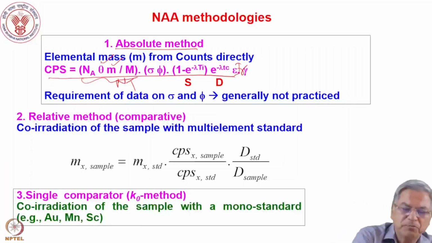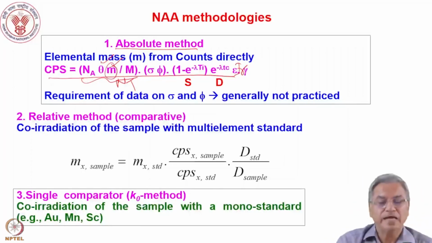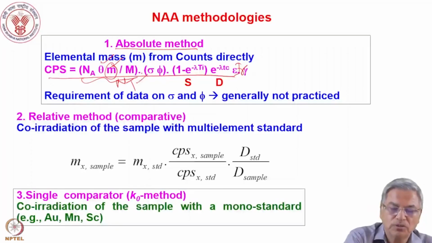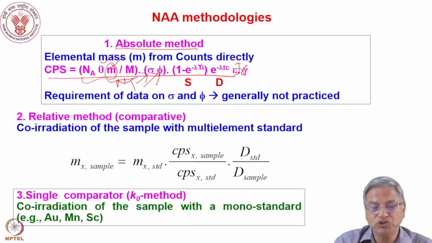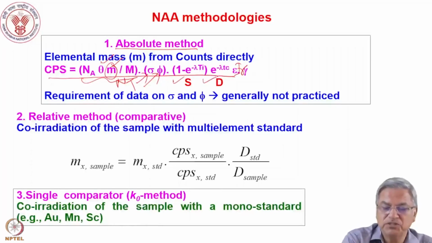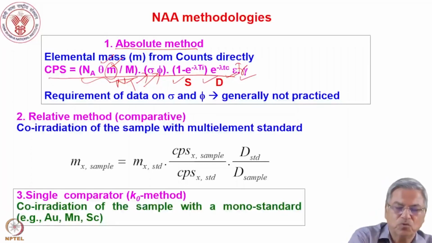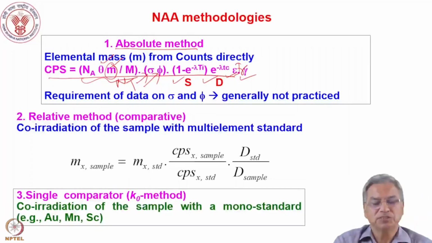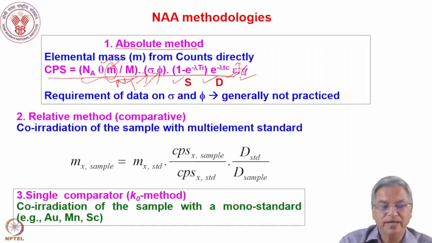So you want to determine M in the absolute method. You need to know the cross section. You anyway know in the reactor what the flux is at that position. This factor can be determined easily. Detection efficiency and gamma ray intensity are known. So you can find out M from this expression, provided you know sigma and phi.